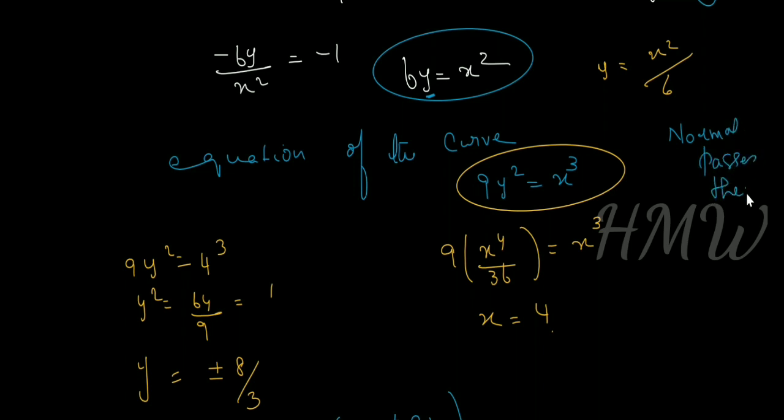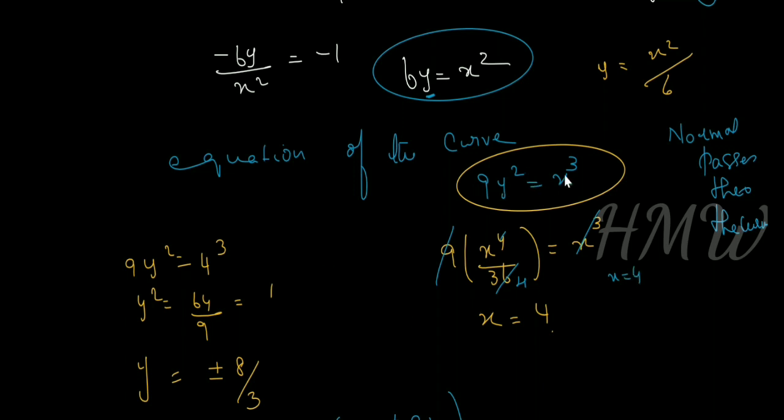Therefore, we can just substitute for y. What is y? x square by 6. So what is y square? x power 4 by 36. So 9 cancels, and x power 4 by x cube gives x. So x is equal to 4.